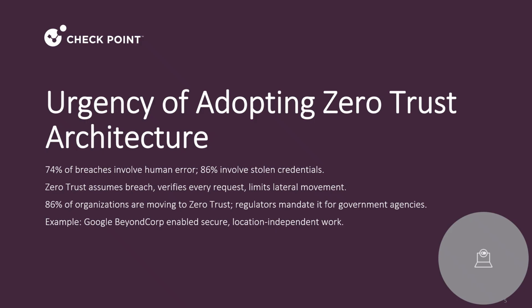There is a much higher adoption rate for zero trust, about 86%, and that is great. Government agencies are also now demanding and requiring zero trust, which is good because it's going to improve your posture dramatically.